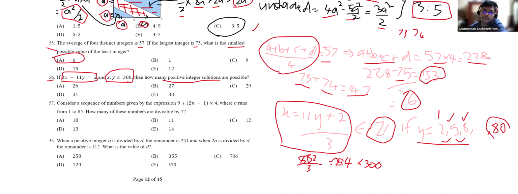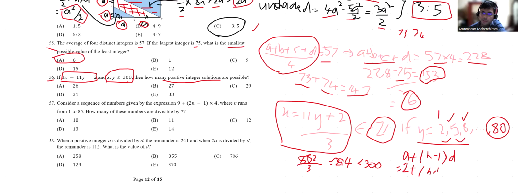Now how many solutions are possible? In order to find that, I'm going to use the formula a plus n minus 1 into d, because this is an arithmetic progression. Here a is equal to 2, the first term is 2. We have to find what n is.